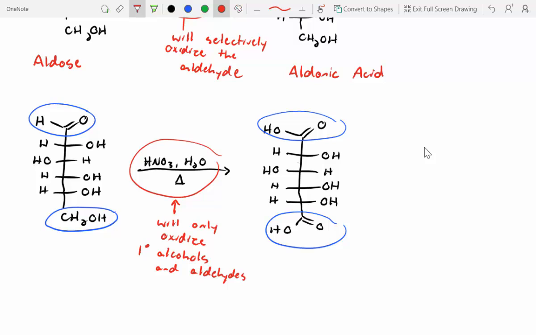And in this case, we're going from an aldose all the way to something called an aldaric acid.